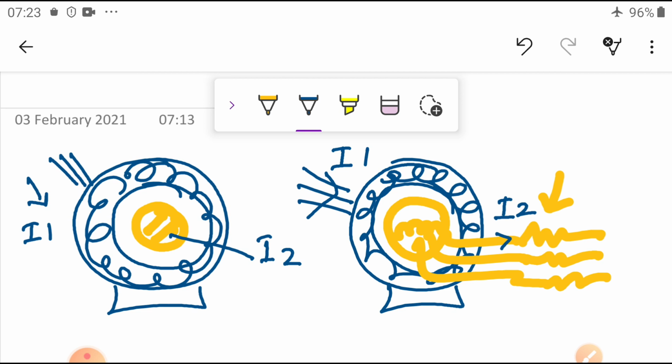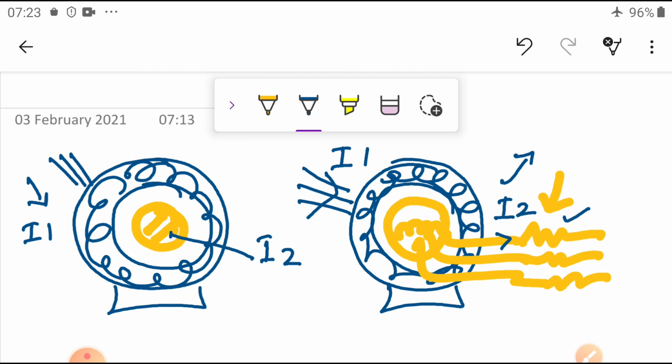Here the I2 current can be limited with the help of our resistance, but in the squirrel cage case there is no provision to insert the extra resistance in the rotor circuit. So what we have done is to limit the current.